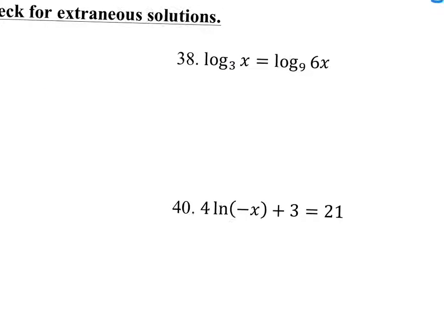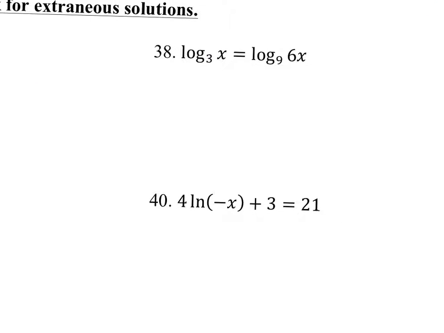If I go across to 38, log base 3 of x equals log base 9 of 6x. On this problem, the bases of my logs aren't the same. So this is where I have to use the change of base formula. You always change the log with the bigger base. So you're going to keep the log with the smaller base the same, and you're going to change the log of the bigger base to be log base 3, top and bottom.